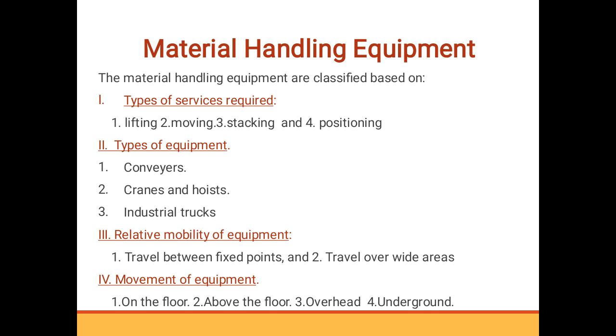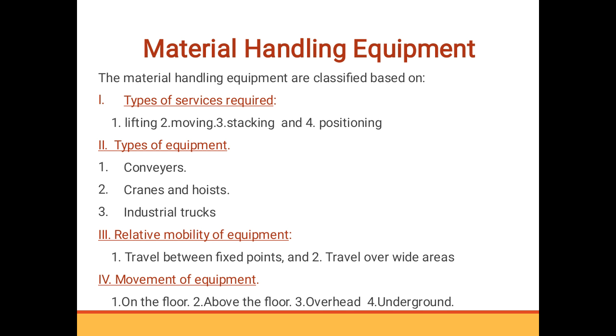And the last important topic is material handling equipment. Usually material handling equipments are classified on the basis of services required, types of equipment, relative mobility of equipment, and movement of equipment. On the basis of types of services required, such as lifting devices, moving devices, stacking devices, and positioning devices, these material handling systems are classified.